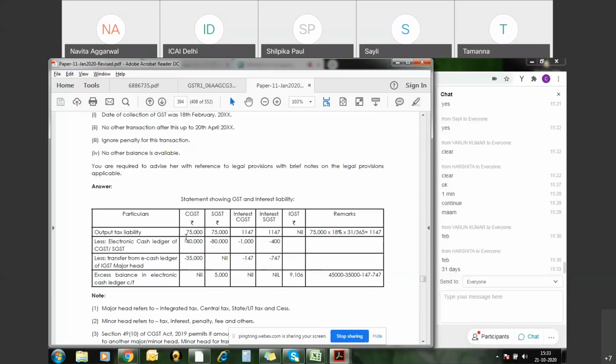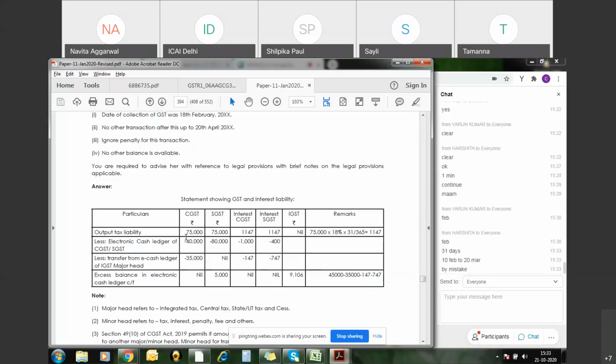If the tax liability is not paid by the due date, then it is 31 days. So 31 days divided by 365. Interest is worked out for every day. So first we work out the number of days from the due date to when it is paid, divide by 365. This is how you get 1147. So we have delayed the payment of tax for CGST as well as SGST.